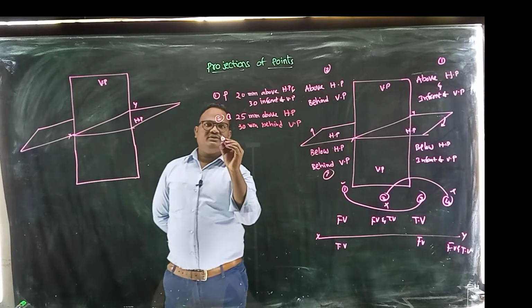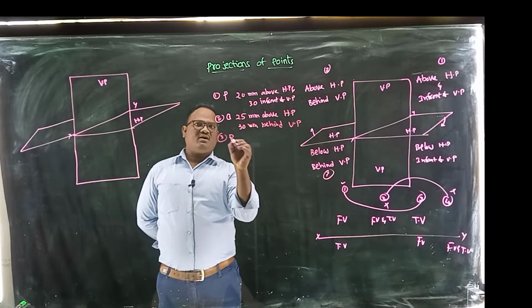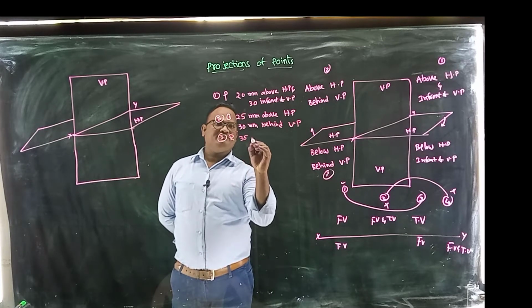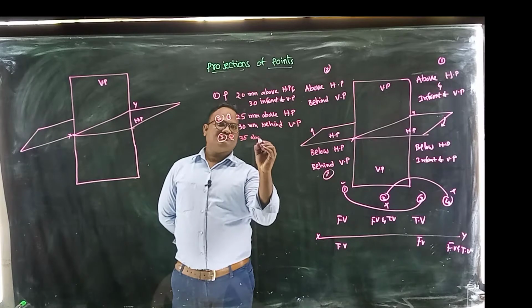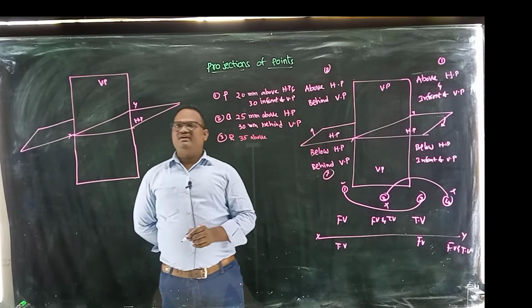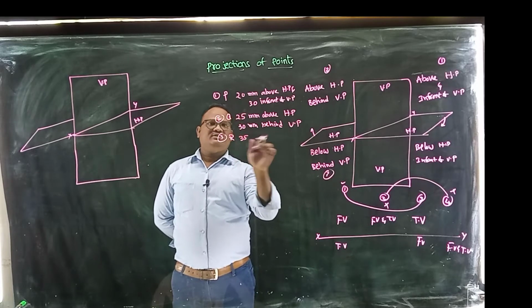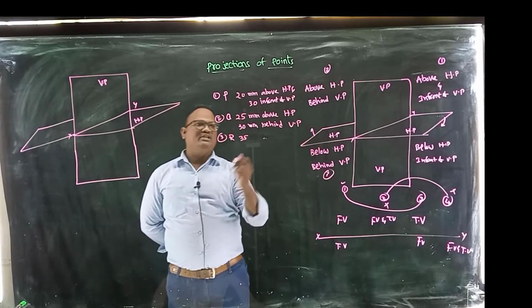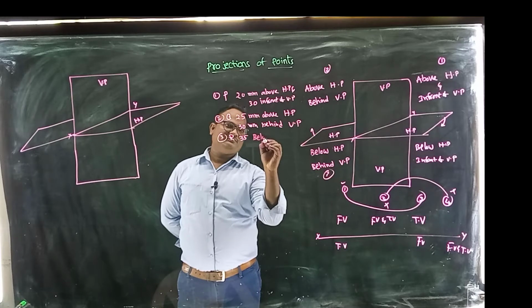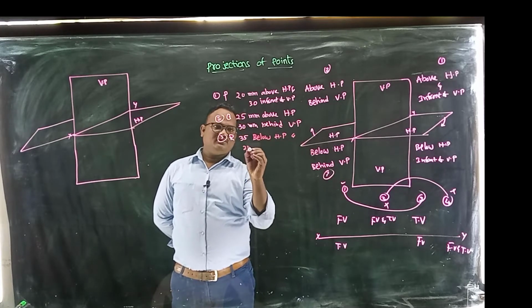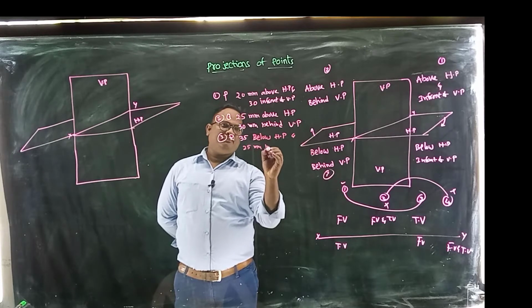Coming to the third, point R is located 35 mm, in the third quadrant, so 35 mm below HP and 25 mm behind VP.